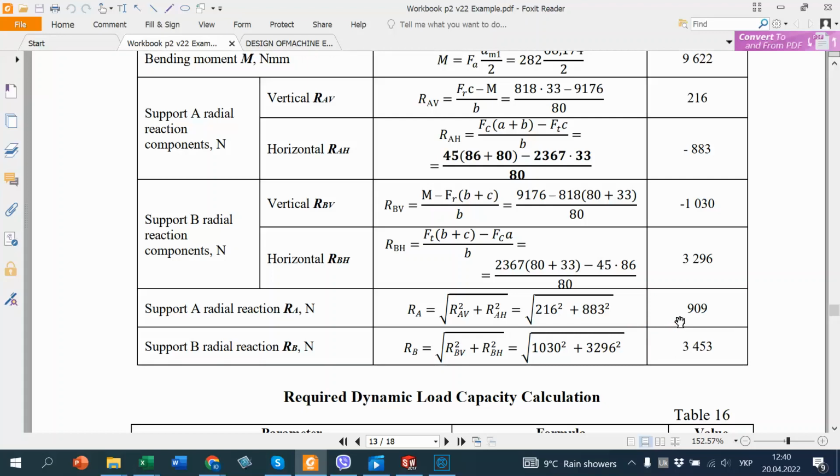And you see that reactions in point A and point B are different, and in point B it is 3.5 times greater than in point A. So I told you that it is better if we use the same bearings for both supports. In such case, one of them will operate under the load, another one will be loaded 3 times less.